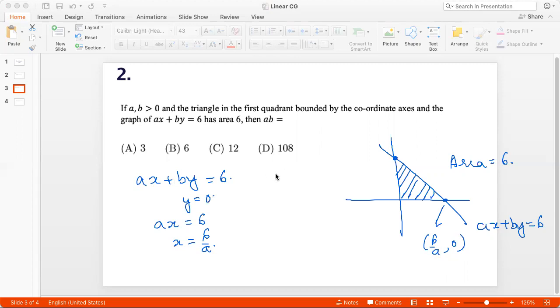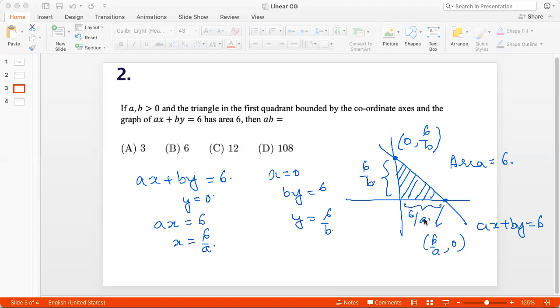To find the y-intercept, I put x as 0. So by is 6, so y is 6 by b. This point becomes 0, 6 by b, which means this length is 6 by b and this length is 6 by a.